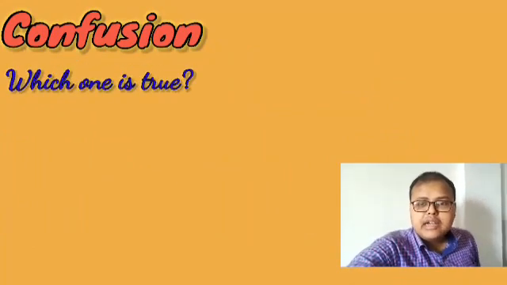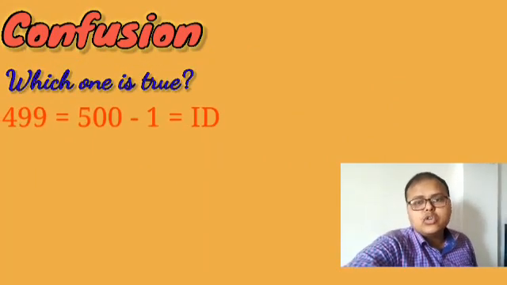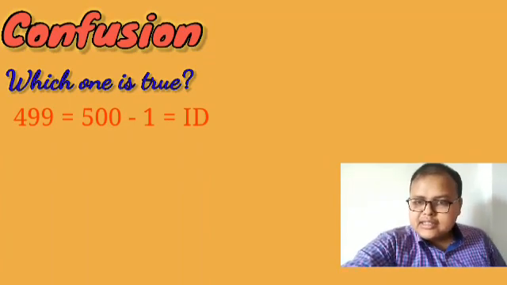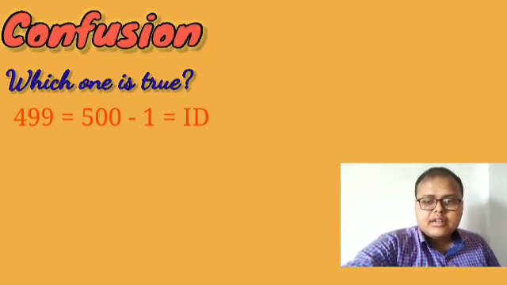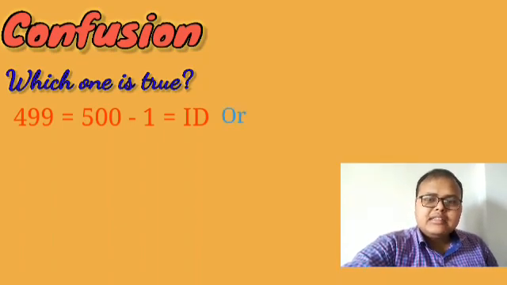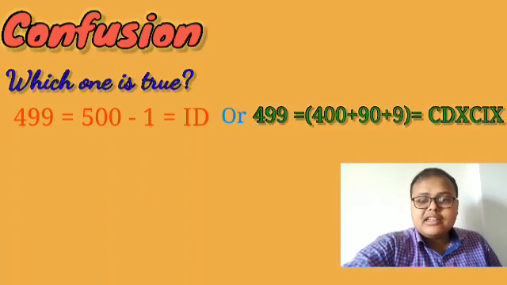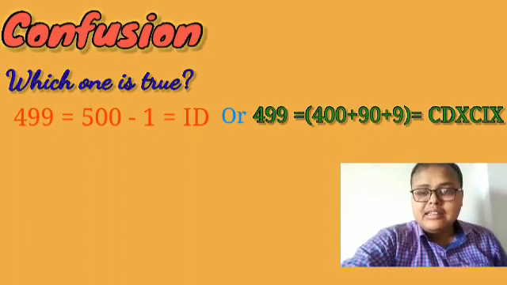Now, if I want to write 499 in Roman numerals, what do I have to write? Can I write ID for that? D means 500, and if I write I just at the left of D, it means 1 should be subtracted from 500, so it's 499. Apparently it looks like 499, but can we write that?